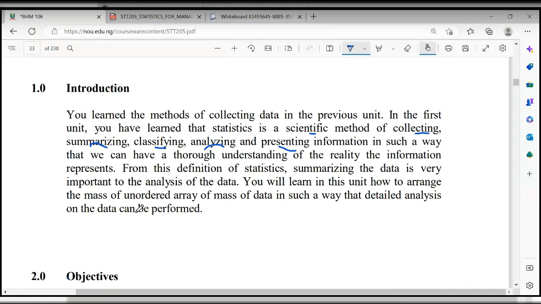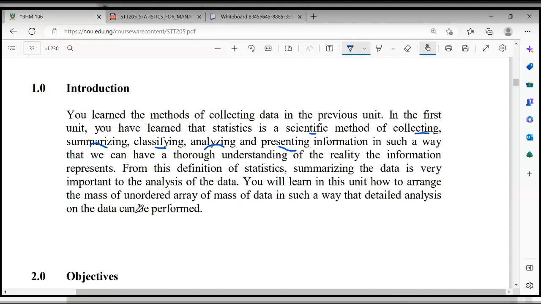So what they are trying to tell us is that in this particular class, you are going to be learning how to arrange a mass of unordered array of data, because they have already talked about information. I know information is like processed data.